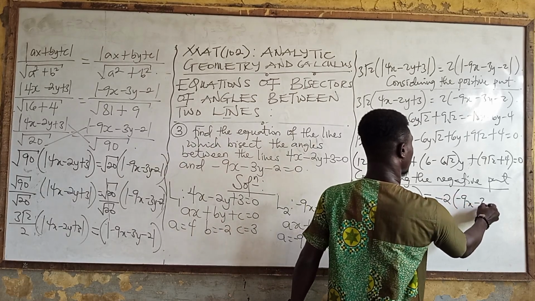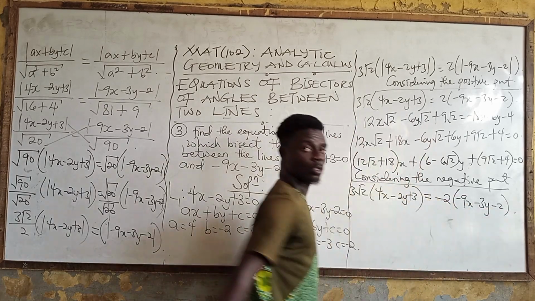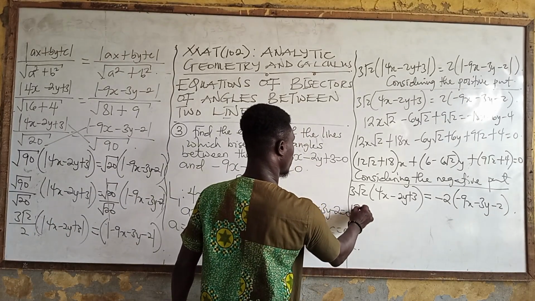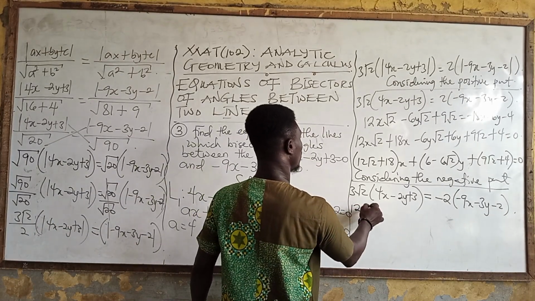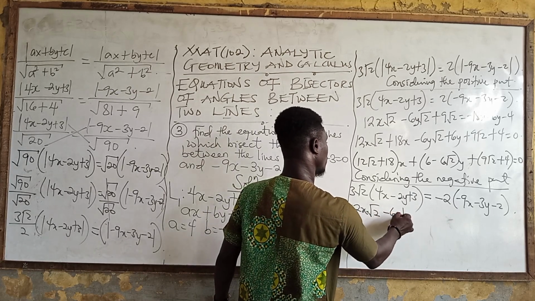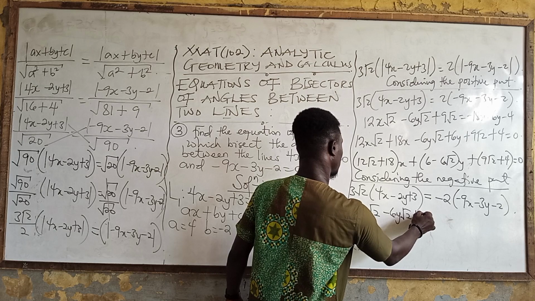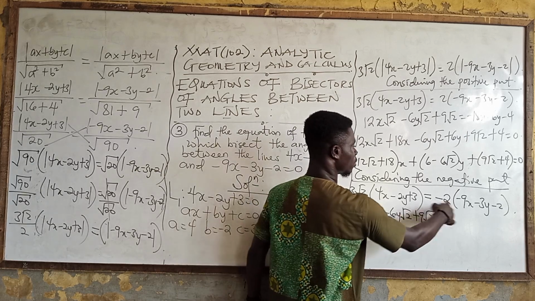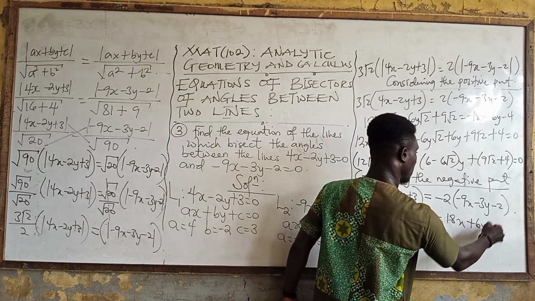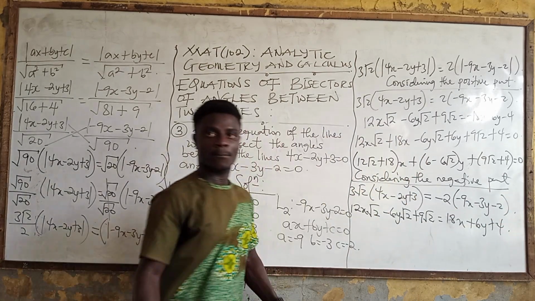Multiplying negative 9x minus 3y minus 2. So we have this, right? So the same thing, we have 12x, then multiplying square root of 2 minus 6y root 2 plus 9 root 2 equals, we get positive 18x plus 6y plus 4.